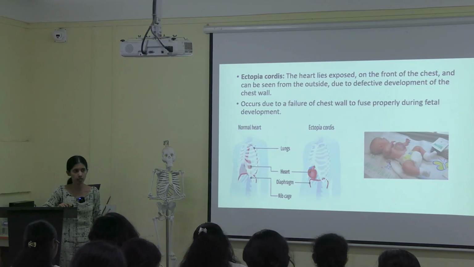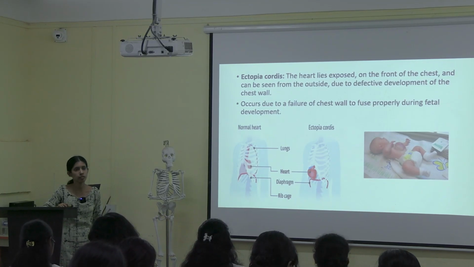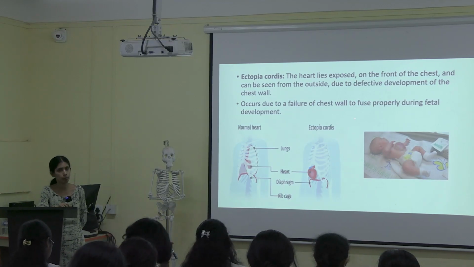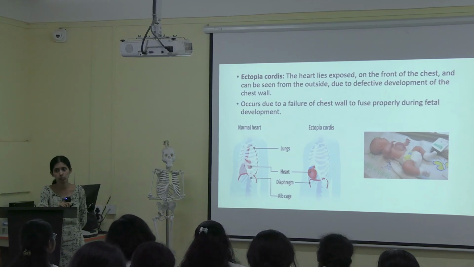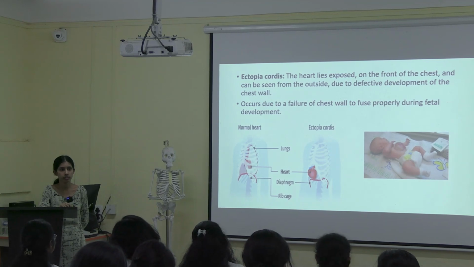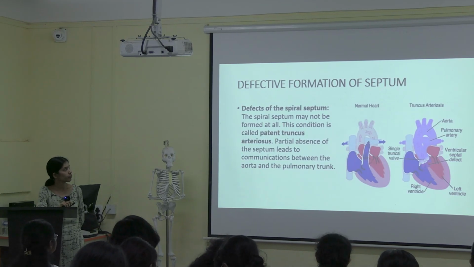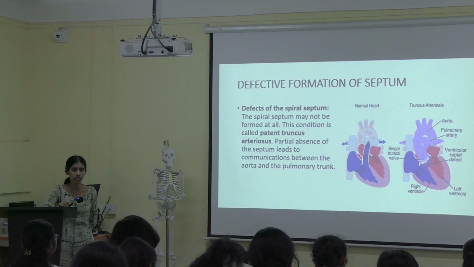What is Ectopia Cordis? Due to the failure of the chest wall to fuse properly, your heart lies outside or it is exposed. This condition is called Ectopia Cordis.